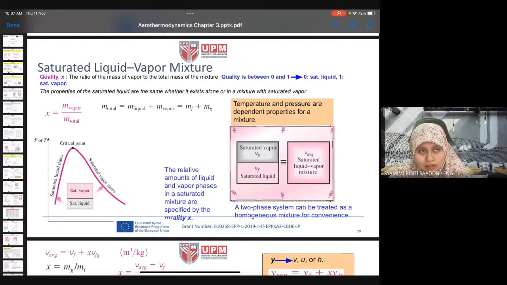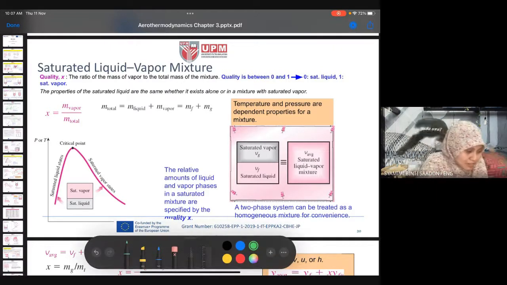That's why during the vaporization or condensation process, we are always given the quality X. For example, during the vaporization process, X is equal to 0.2.